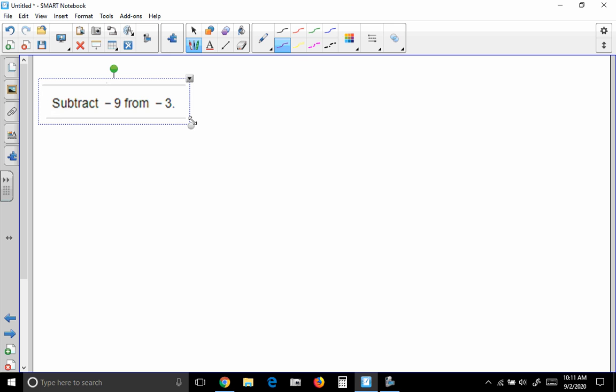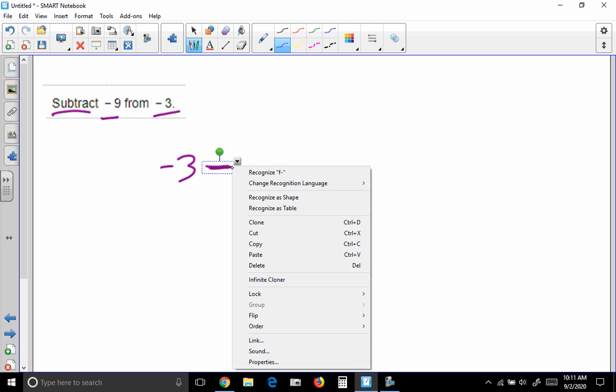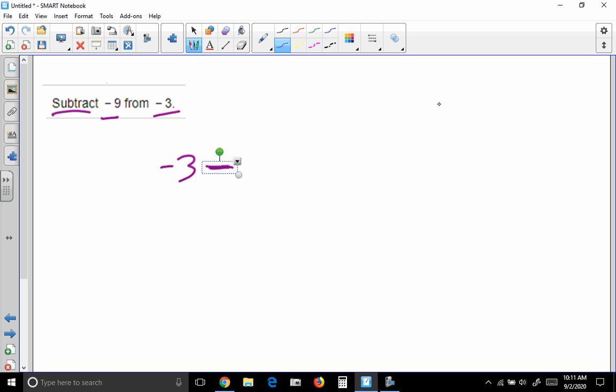All right, they want us to write this as an expression and then simplify it. So this is similar to the very first question we did, except this doesn't have a variable. We're subtracting this from this. So negative 3 is what we start with, and we're subtracting, so minus, and what we're taking away is negative also. So I'm going to put parentheses around it.